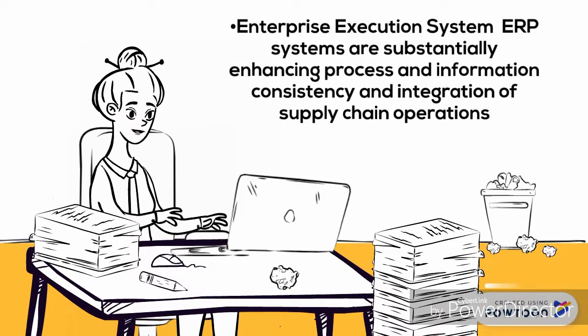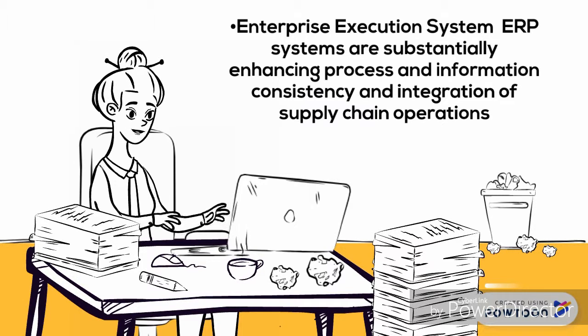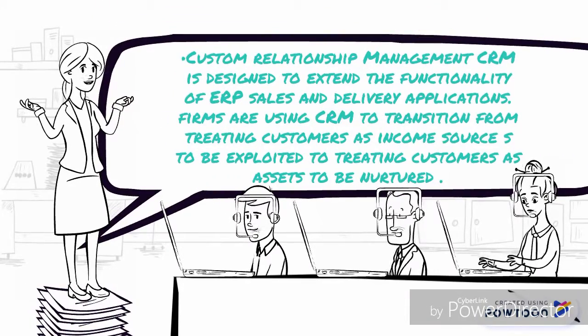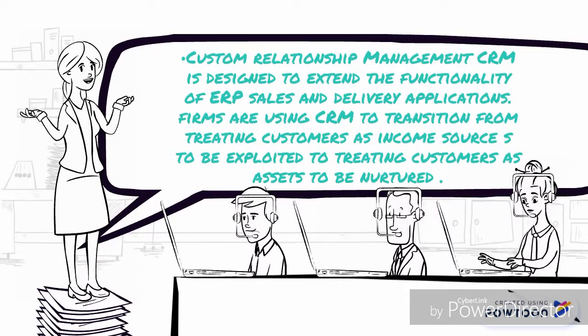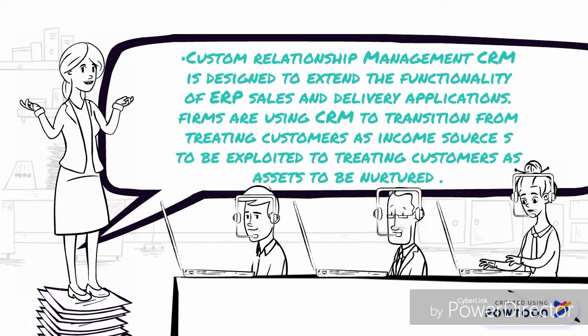Enterprise resource planning (ERP) systems are substantially enhancing process and information consistency and integration of supply chain operations. Customer Relationship Management (CRM) is designed to extend the functionality of ERP sales and delivery applications.